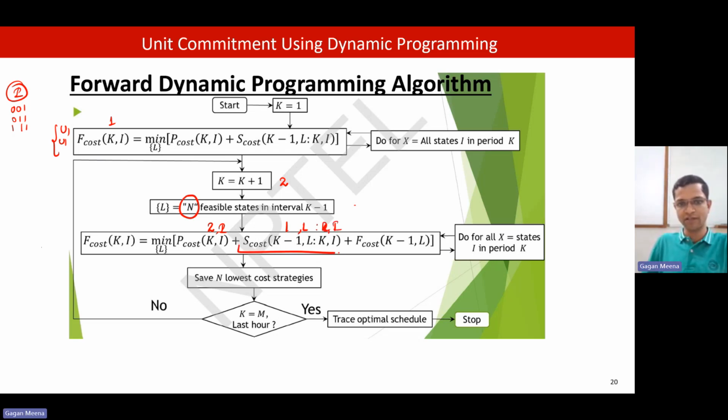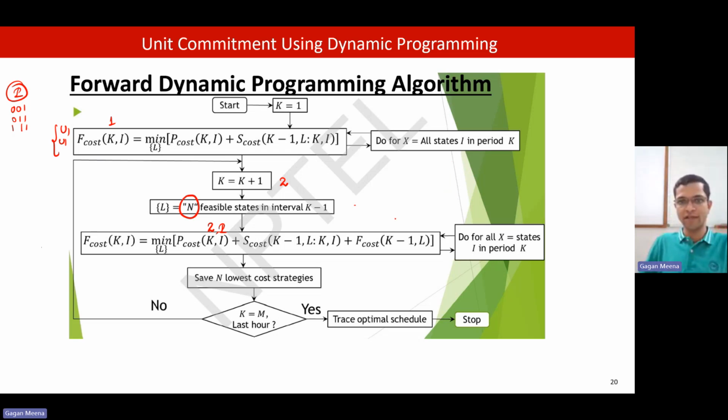And this is the transition cost if there is some startup or any unit is on. Let's say the initial condition was this, and this I is 111. One state is this, let's say a possible feasible state. Then two startup costs are involved here.